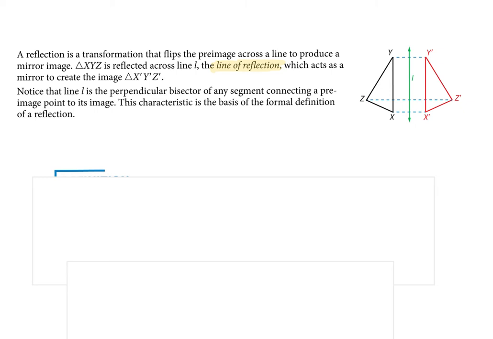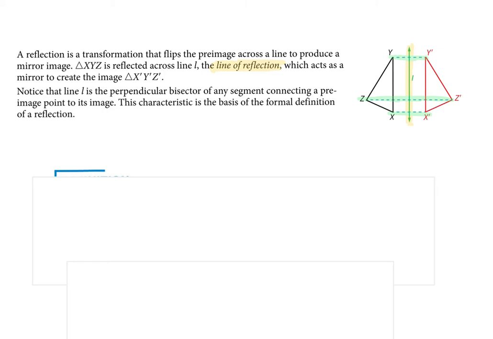All right? If you were to construct this, it's actually a perpendicular bisector between the points, okay? So what actually happens is this line L, which is the line of reflection, becomes a perpendicular bisector between Y and Y prime, between Z and Z prime, between X and X prime. So you could actually construct a reflection by constructing perpendicular bisectors and then measuring the distance from the bisector to the point to get the bisector to the image.